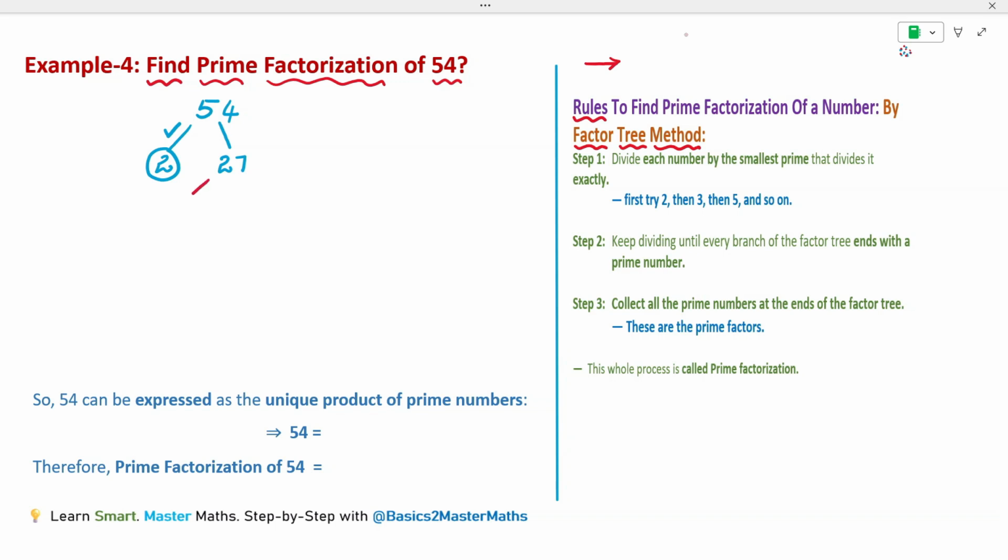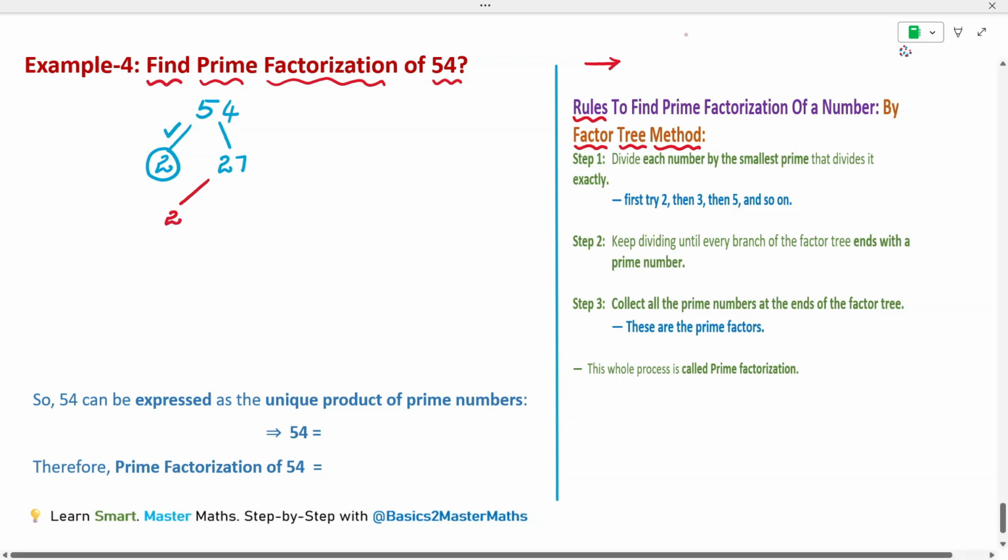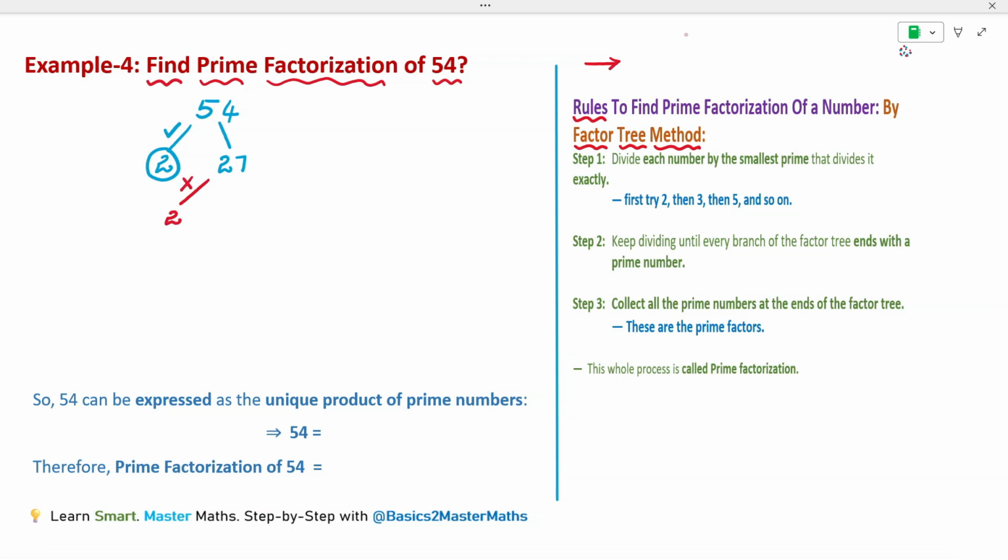Now, try dividing 27 by the smallest prime 2. 2 does not divide 27 exactly. So, move to the next smallest prime 3.